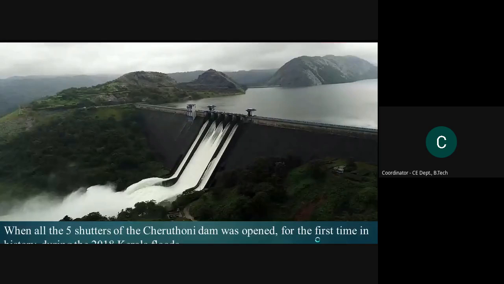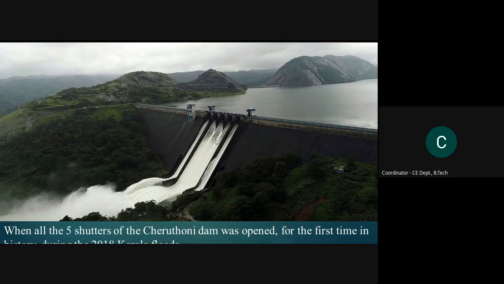This dam's shutters have been opened about 3 times since its construction or the start of operation. One was in the 80s during a flood, the next was in 1992, and the third was in 2018.